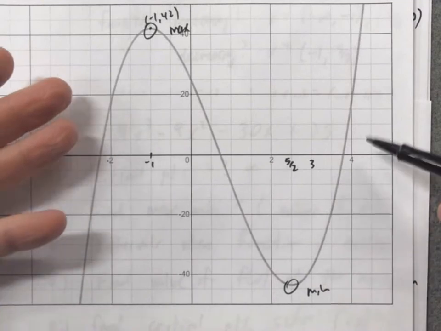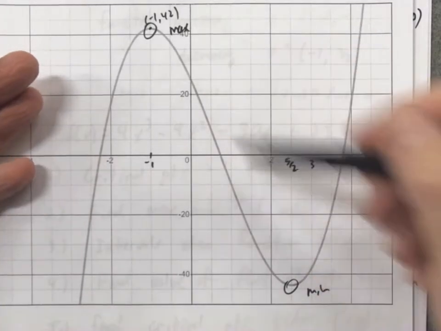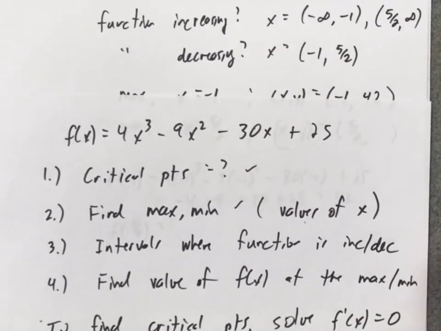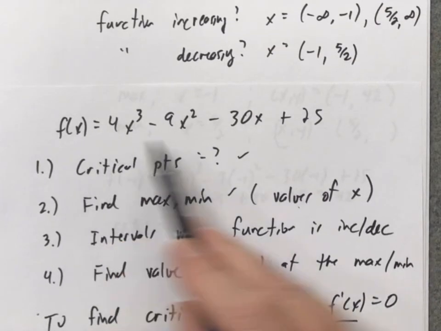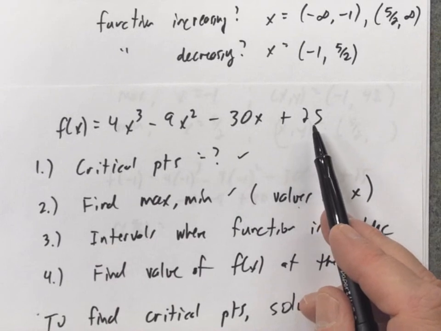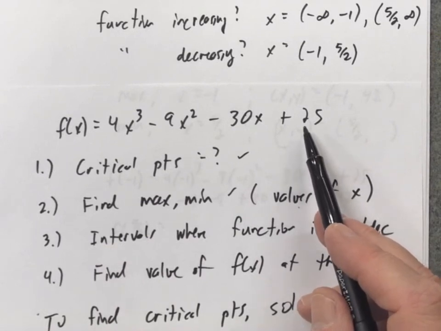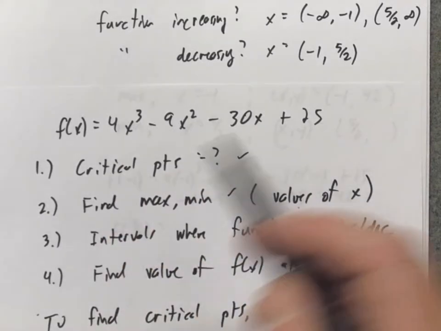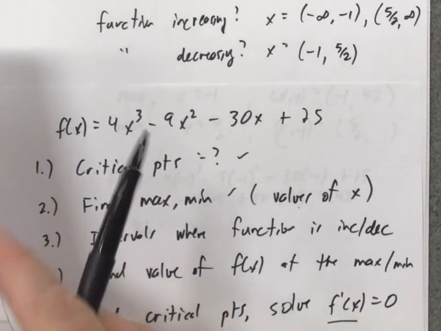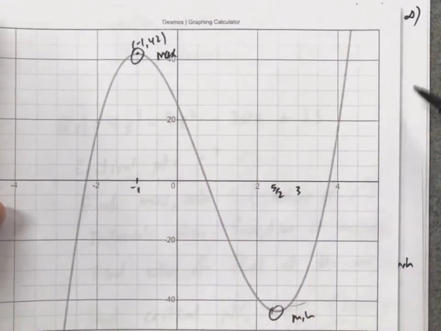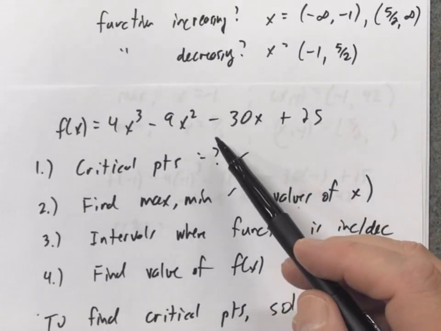Obviously, if you were given this graph at the beginning, you would have said, here's the max, here's the min, and you're done. But instead, what you were given was this equation, and you were asked to find the maxes and the mins. As a matter of fact, in a little bit, they're going to give you this function, and they're going to say, figure a bunch of things out, and then go ahead and try and sketch the graph of this function.